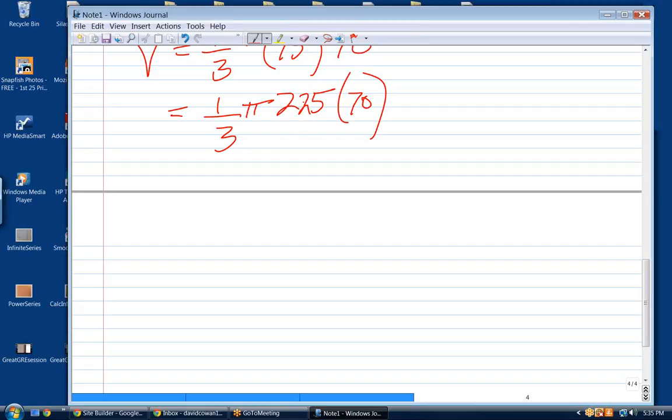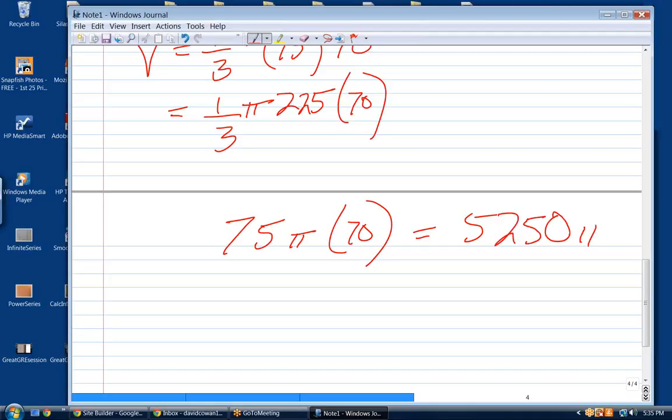So 3 goes into that a total of 75 times. So now I have 75 pi times 70. Multiplying the 70 times the 75, I get 5250.